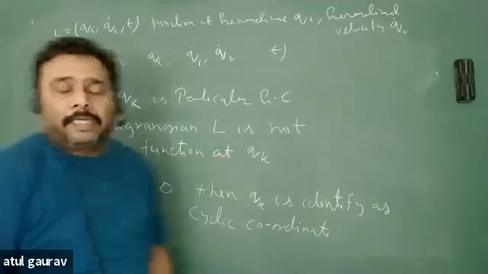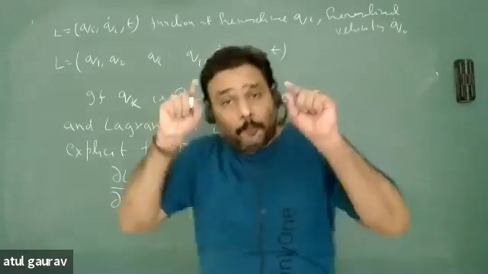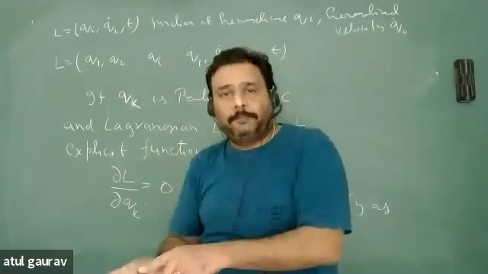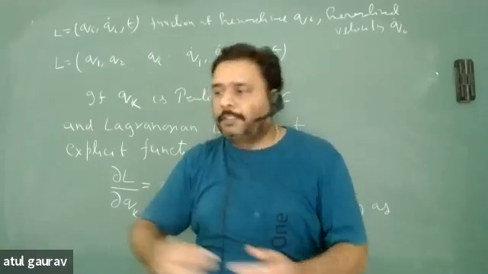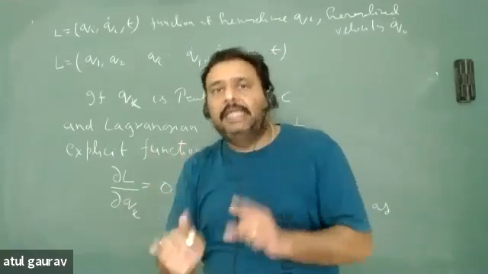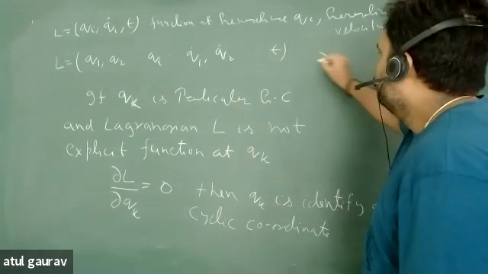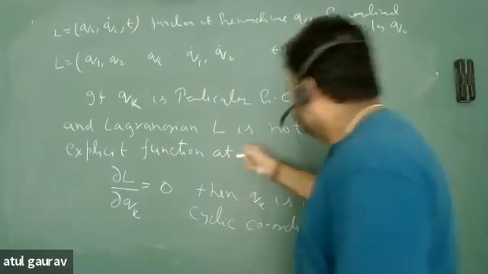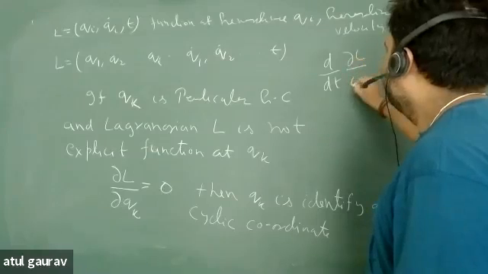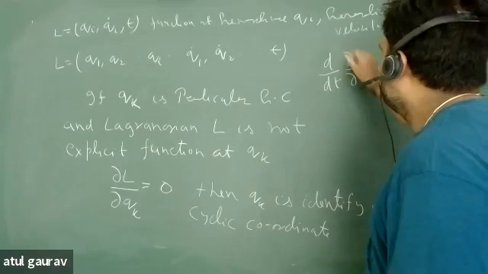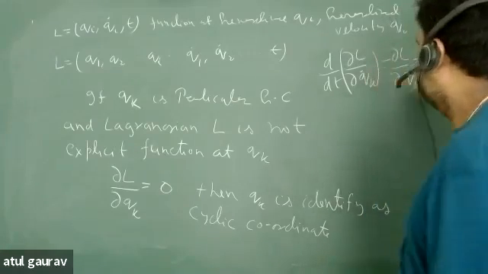What will happen when Qk is a cyclic coordinate? Let's go for the equation of motion for Qk. Qk is a generalized coordinate, but the Lagrangian is not an explicit function of Qk. It may be possible; when we solve, we can see. The equation of motion corresponding to Qk is d upon dt of del L upon del Qk dot, minus del L upon del Qk, is equal to 0.